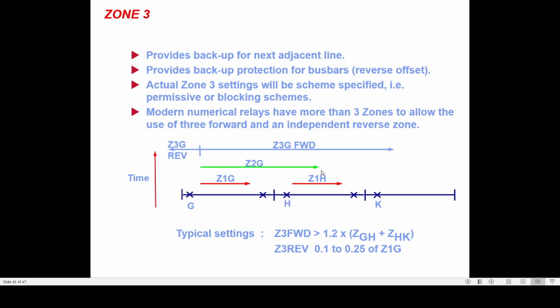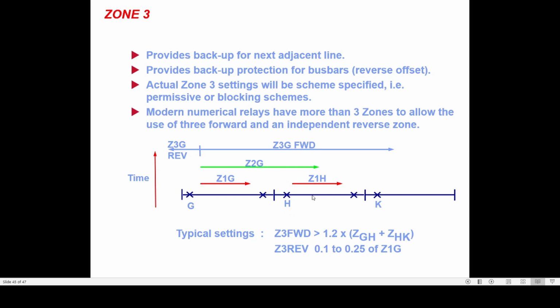If the circuit breaker fails to trip, then the next thing that comes is your breaker failure or local breaker failure protection. We will discuss it in subsequent lectures, but generally its time delay is 200 milliseconds. So 30 milliseconds or 20 milliseconds for zone 1 operation, 20 to 30 milliseconds for breaker opening at this point, plus 200 milliseconds of LBB time.